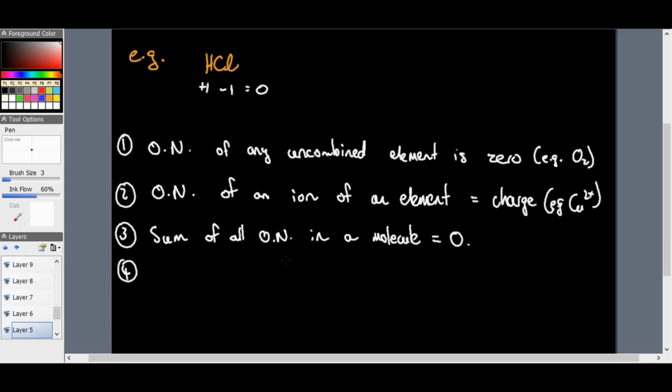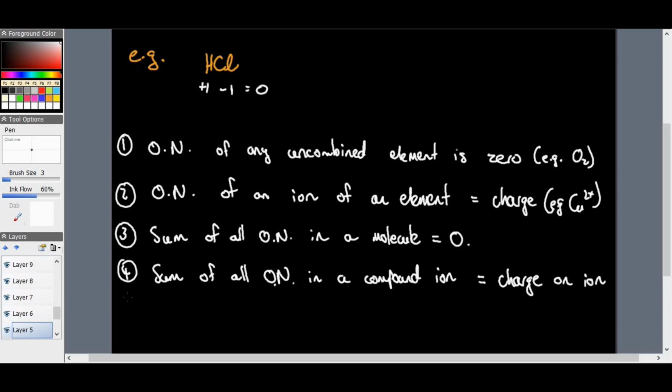The sum of all oxidation numbers, ON, in a compound ion is equal to the charge on that ion. We'll look at an example, probably a little later.